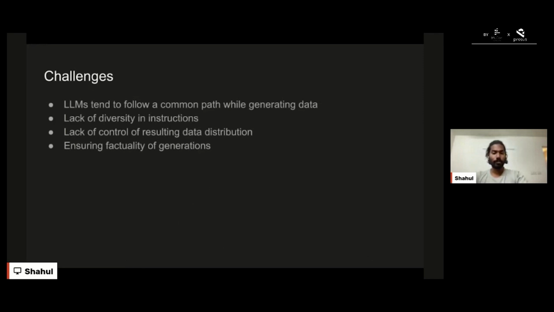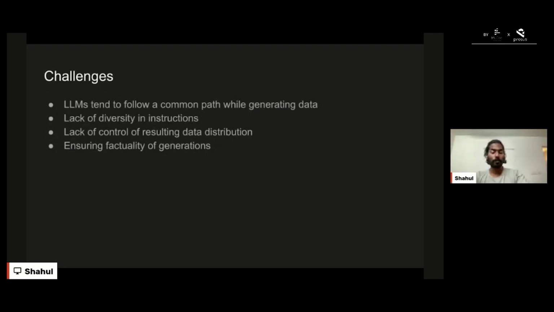There is also a lack of control over the resulting data distribution, because the types of questions and answers generated are solely based on the LLM's capability and cannot be controlled by the user. Also, ensuring factuality of generations is important, because LLMs can hallucinate even though the answer is supposed to be grounded on the given text. There can be some statements that cannot be backed up by the given context. So ensuring factuality in such generations is also important.